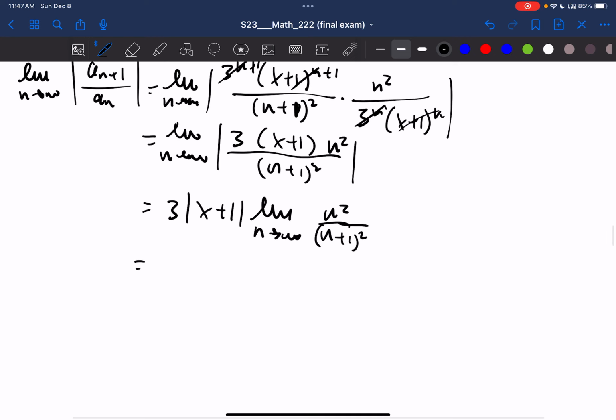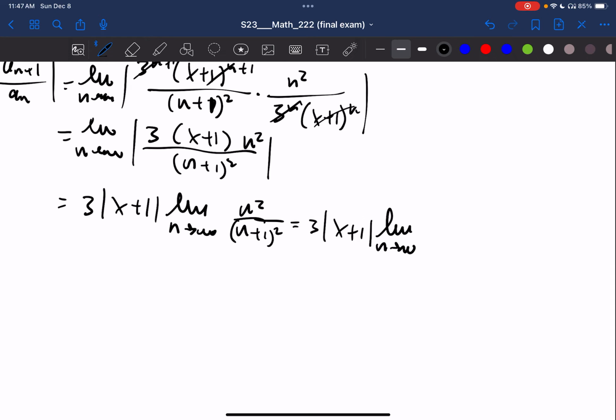Now, this will be equal to 3, leaving the constant alone, just worrying about the limit for now. The limit as n goes to infinity. Multiplying the top and bottom by 1 over n squared, we're going to get 1 over 1 plus 1 divided by n squared. This will go to 0.